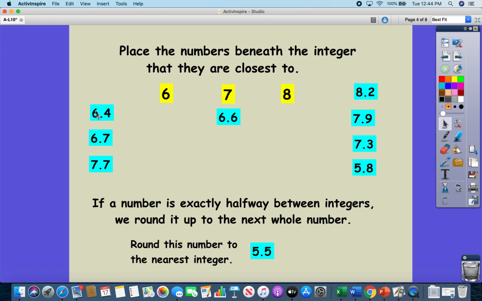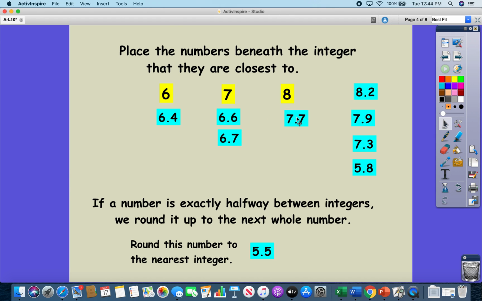Here I have a 6.4. 6 and 4/10. 4 rounds down. So that means my number can stay the same and stay as 6. 6.7, 7 rounds up. So 6 and 7/10 is closer to 7. 7.7, 7 rounds up.